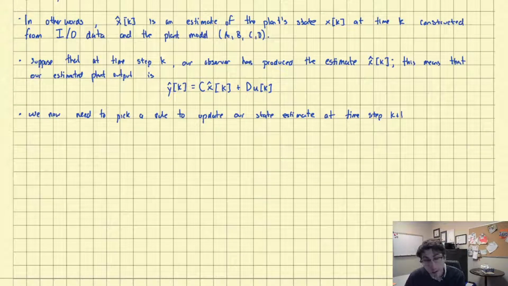I'm going to basically write it down, but this could be anything. It's up to the designer what they want to use for this observer. But I'm going to argue that an intuitive and natural choice is the following.